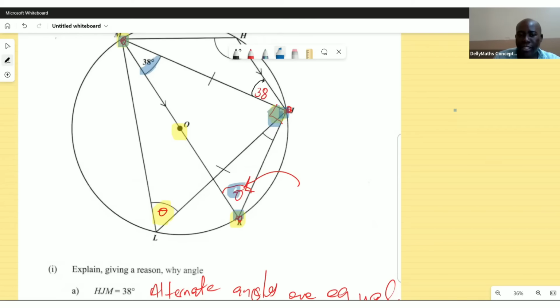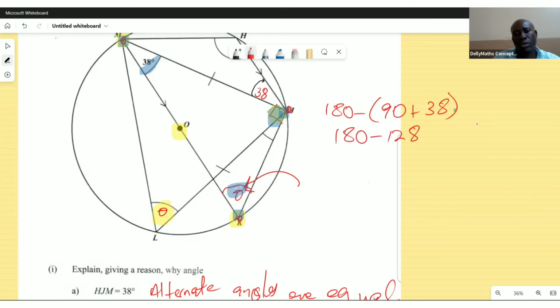So I can find this simply using 180 minus the sum of the 90 degrees plus the 38 degrees. 180 minus 128, and then we're going to be left with 52.